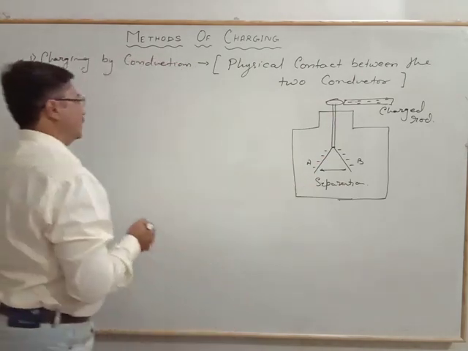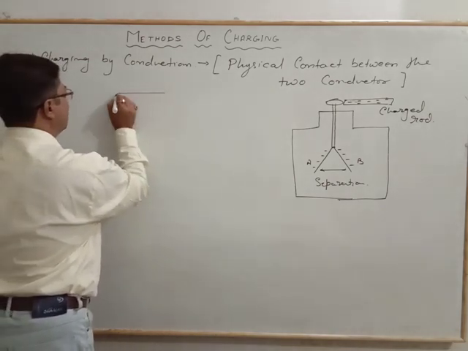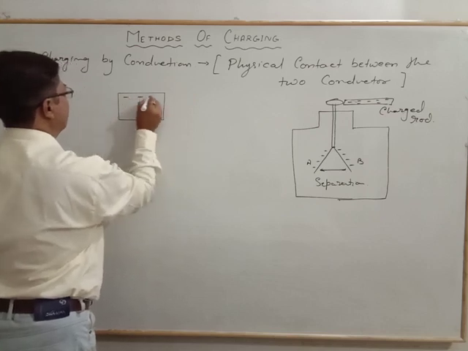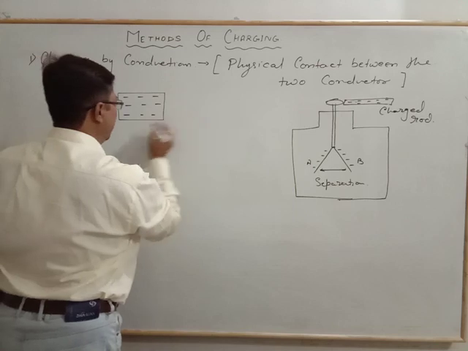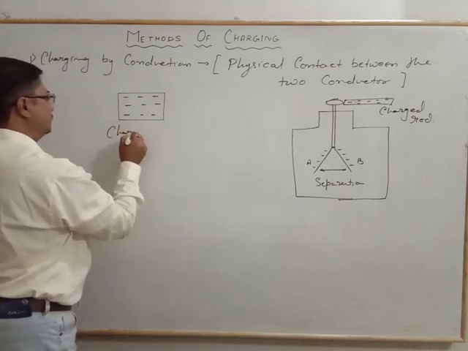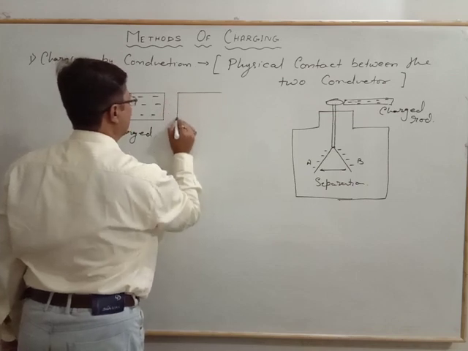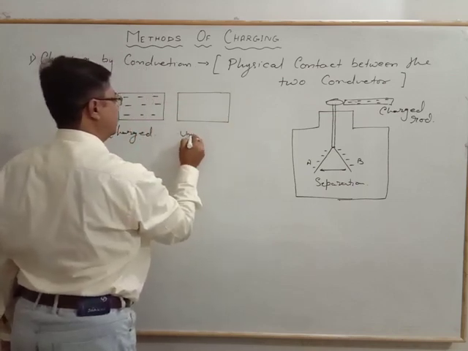Another way we can understand: suppose this is a charged body, a negative charge body, and here we have an uncharged body.